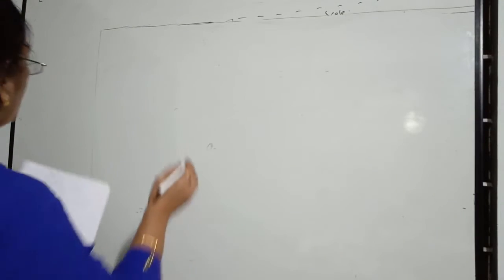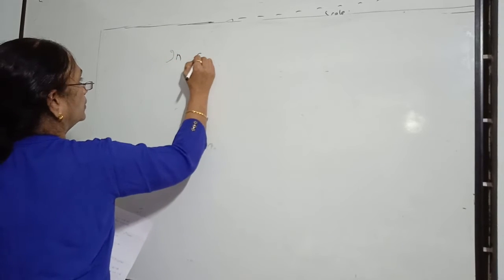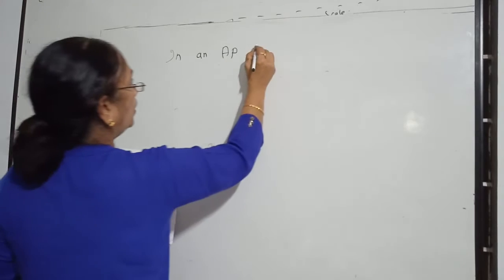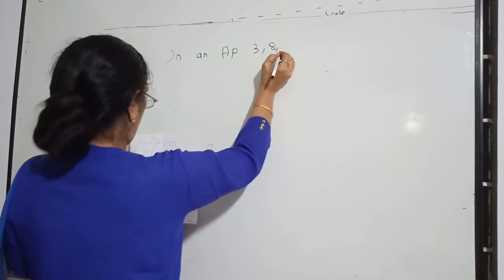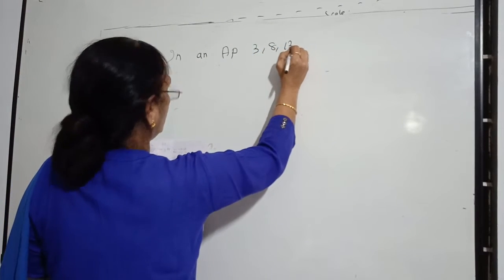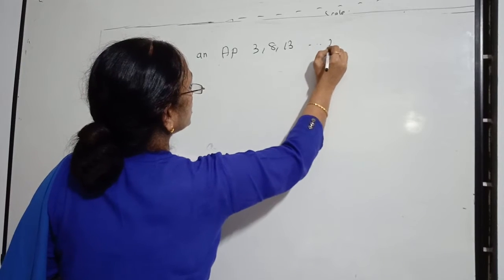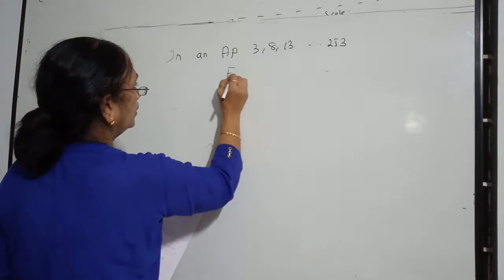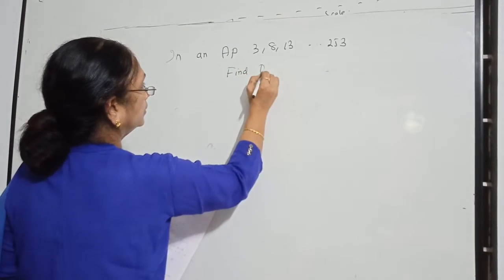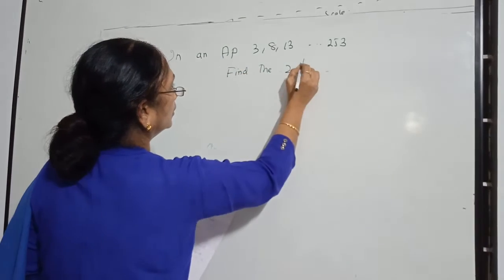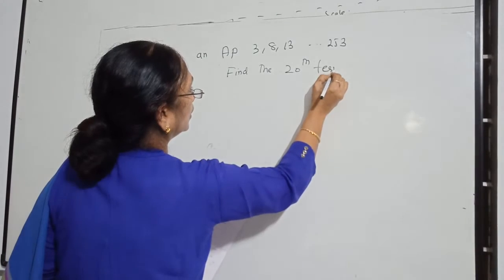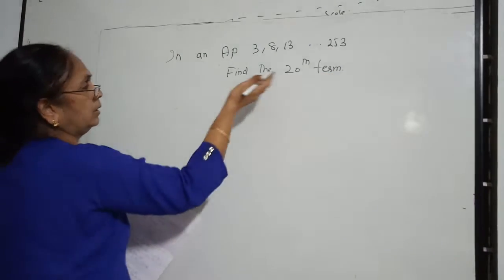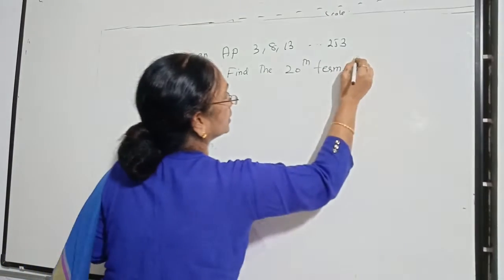In an AP, 3, 8, 13, dash dash dash, the last term is given as 253. Find the 20th term from last.